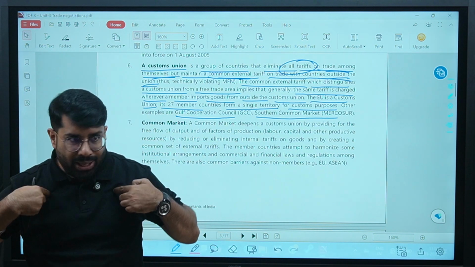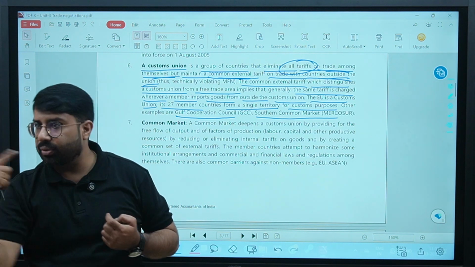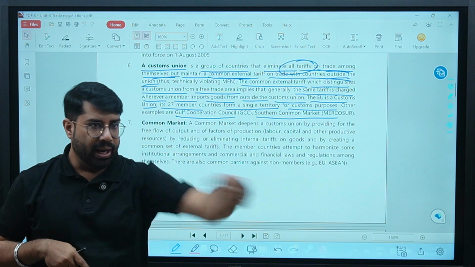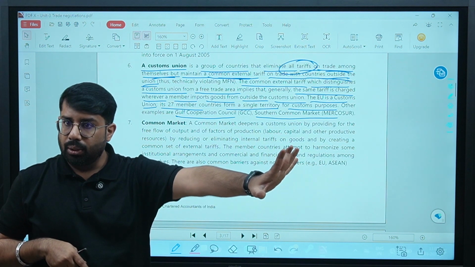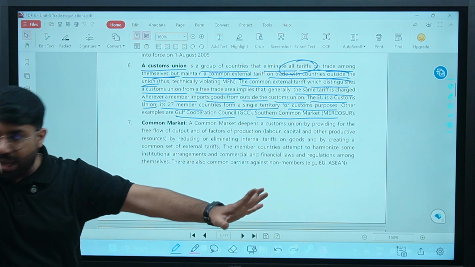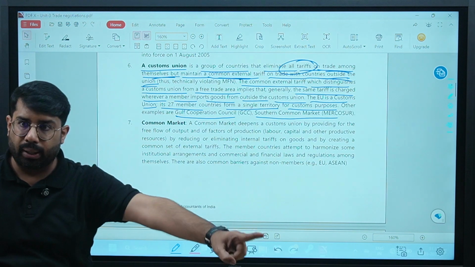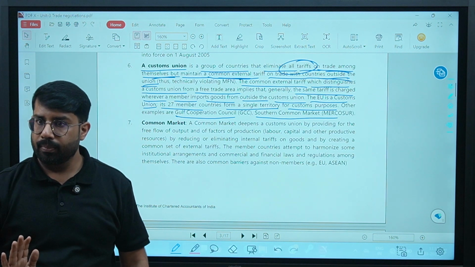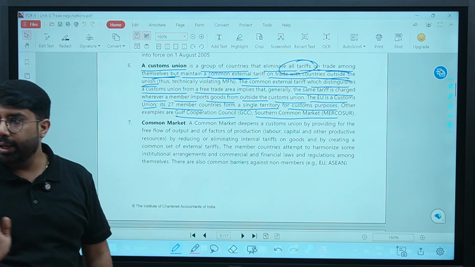I am importing commodity X from this country and we have decided 5% tariff, right? And if this is the customs union, whichever country imports commodity X from this country, the tariff rate will remain the same, 5% only. Are we clear? Yes or no?